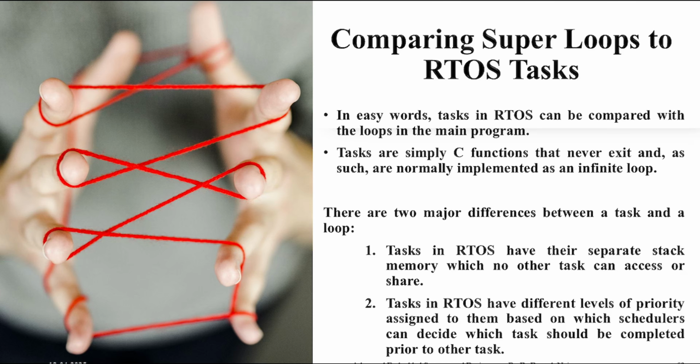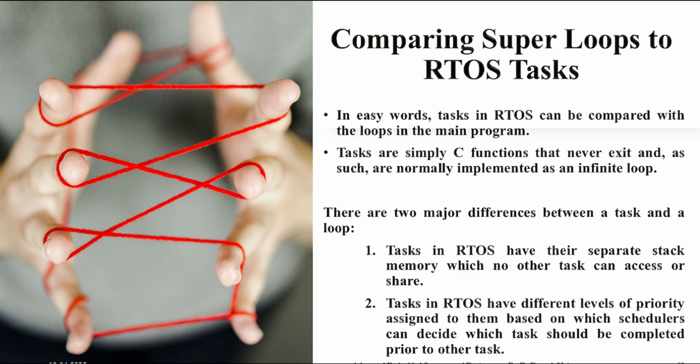Second, tasks in RTOS have different levels of priority, whereas functions in a super loop do not have levels of priority. In the case of tasks, we have different levels of priority assigned, based on which the scheduler of the real-time operating system decides which task should be completed prior to other tasks.